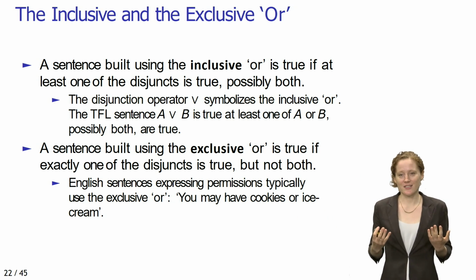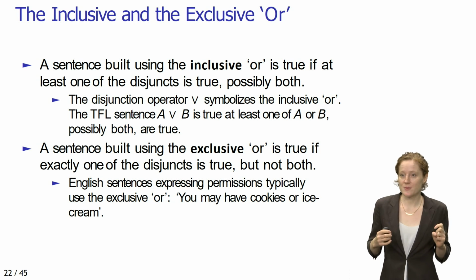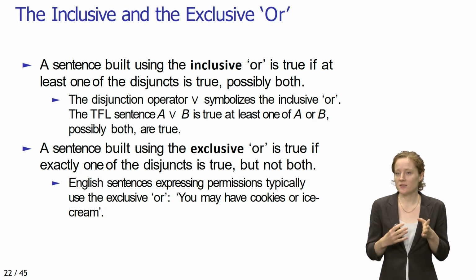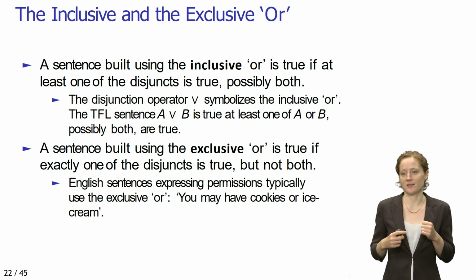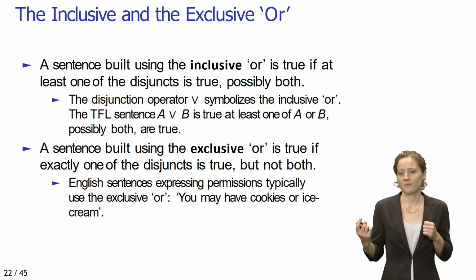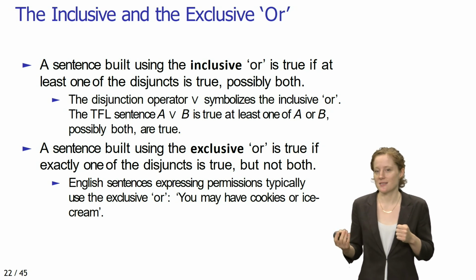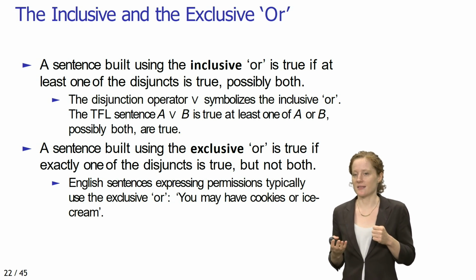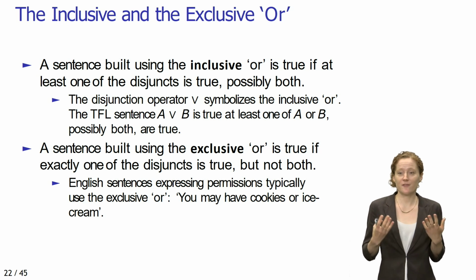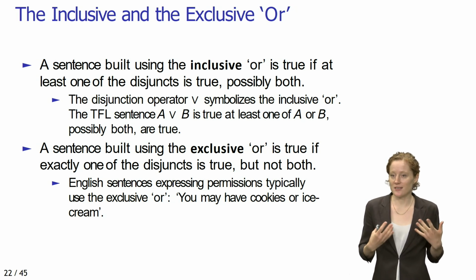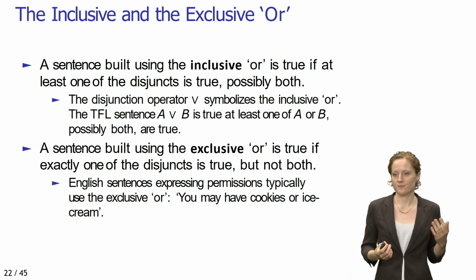In ordinary English, the word or often expresses the exclusive or. A sentence built using the exclusive or is true if exactly one of the two disjuncts is true, but not both. So for example, English sentences expressing permissions typically use the exclusive or. For example, if I tell you, you may have cookies or ice cream, that is naturally understood as me allowing you to take one of the two, but not both.